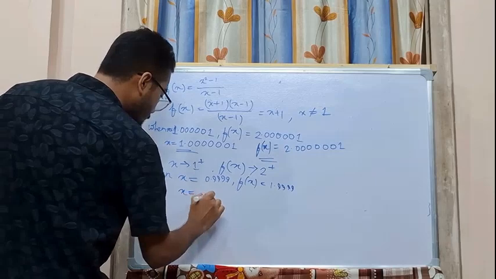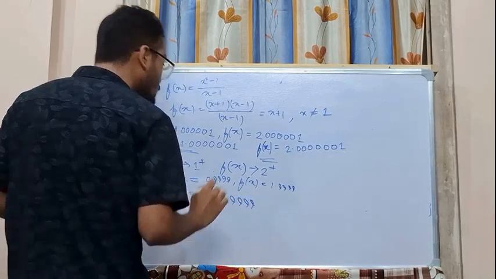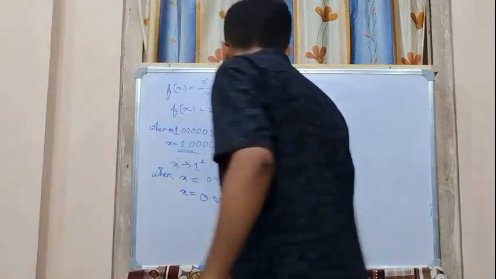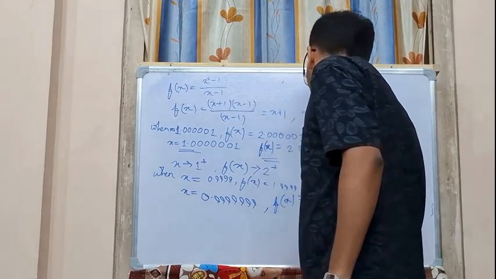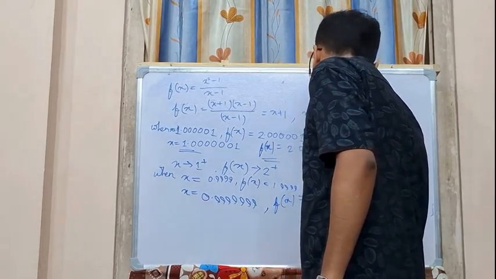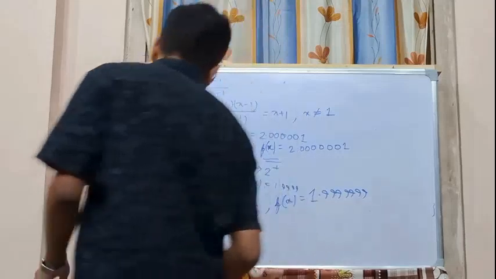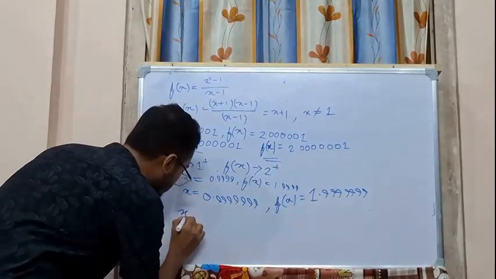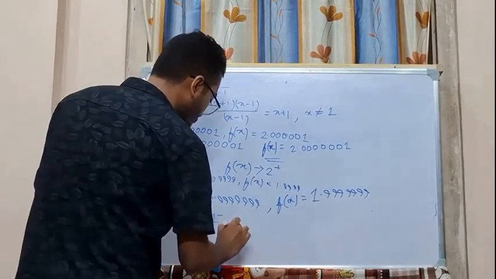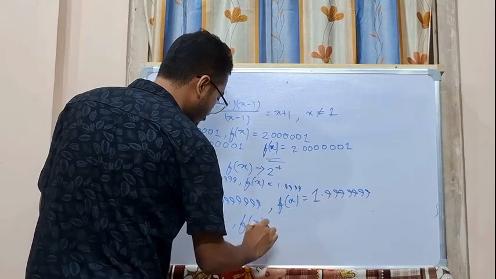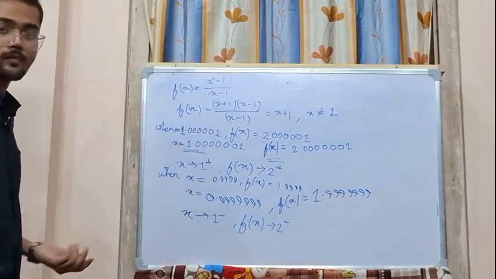When x is even closer to 1, f(x) will be even closer to 2. That means when x is tending to 1 from its negative side, f(x) is tending to 2 from its negative side. Okay.